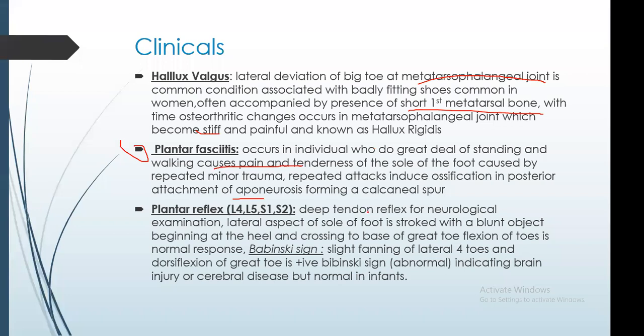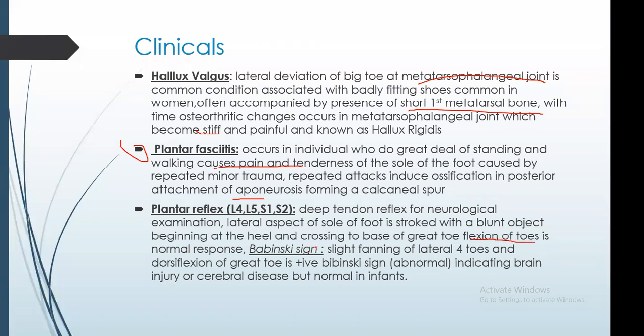And the plantar reflexes. Deep tendon reflexes for neurological examination. The lateral aspect of the sole is stroked with a blunt object beginning at the heel and crossing to the base of the great toe. Flexion of the toes is the normal response.